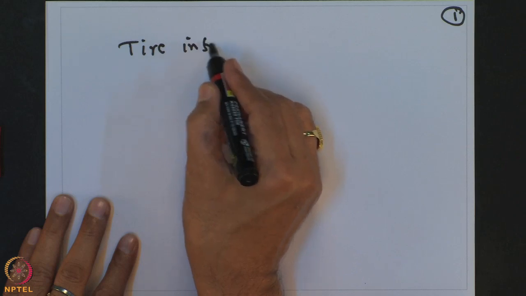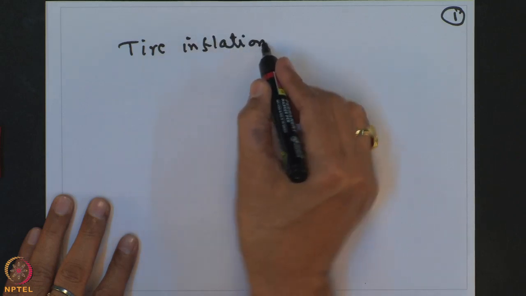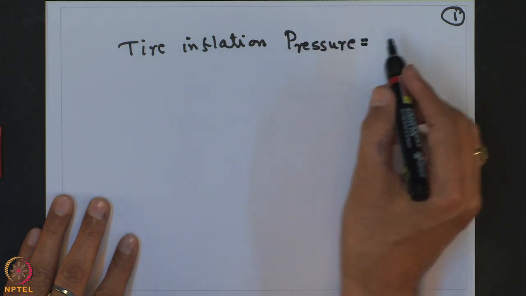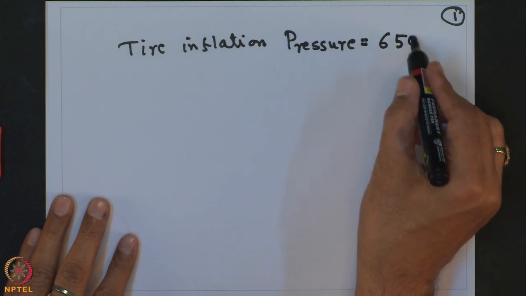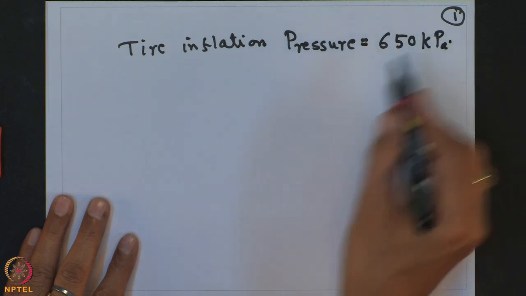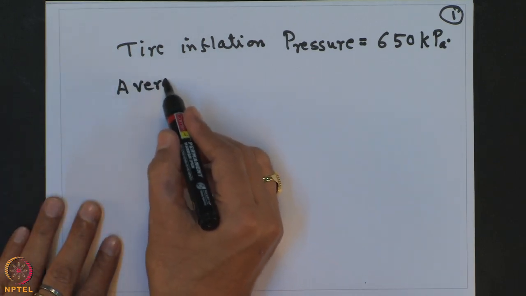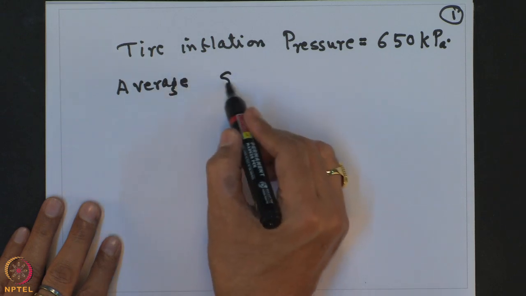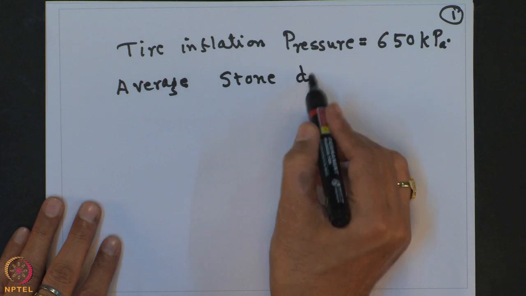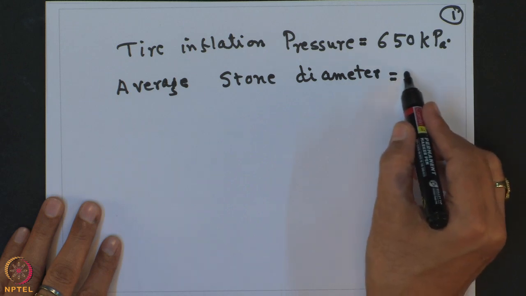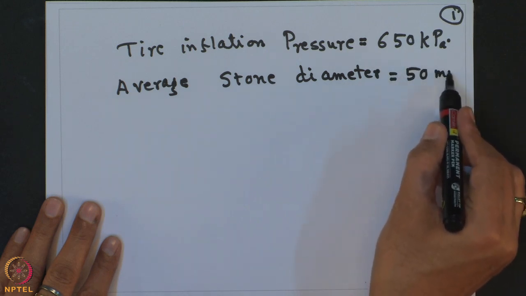So, let us say that the tire inflation pressure is equal to 650 kilopascal, and the average stone diameter is equal to 50 millimeter.